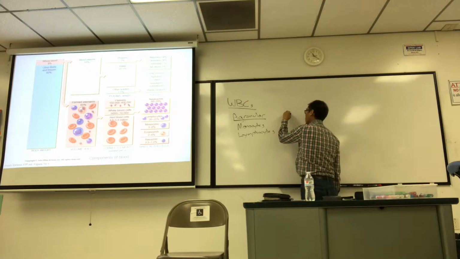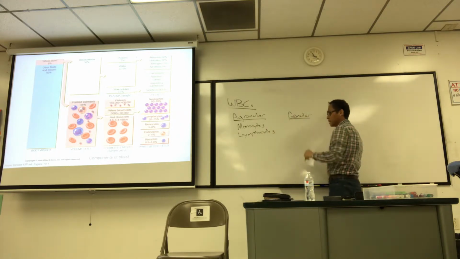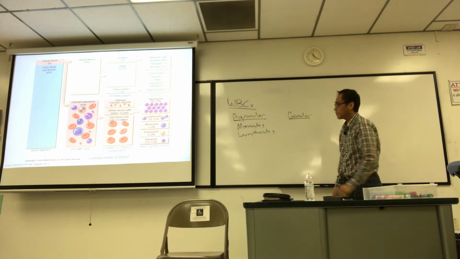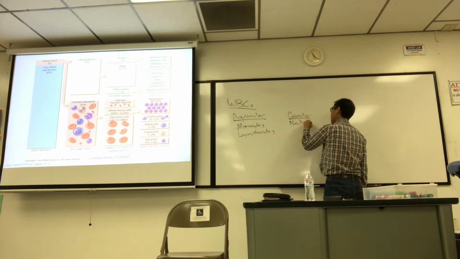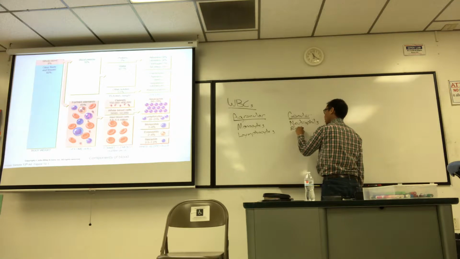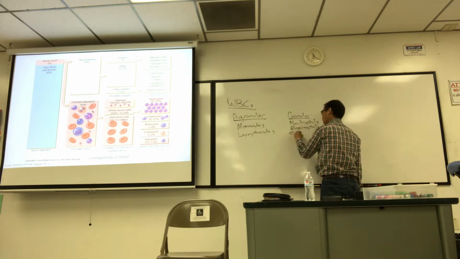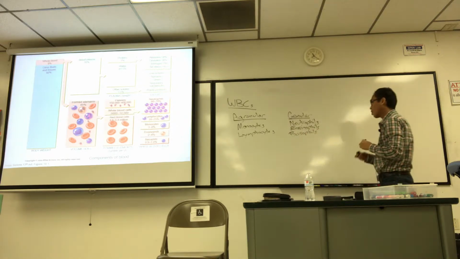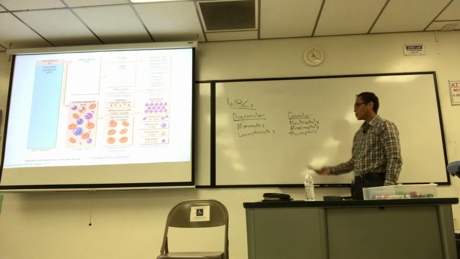The granular ones, the granules contain defensive molecules. Those include neutrophils, eosinophils, basophils. I'll go over their functions later. I just want to let you know how histologists classify them.